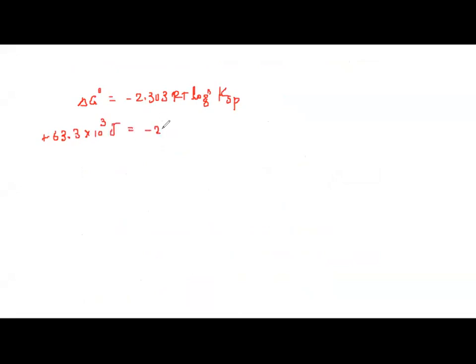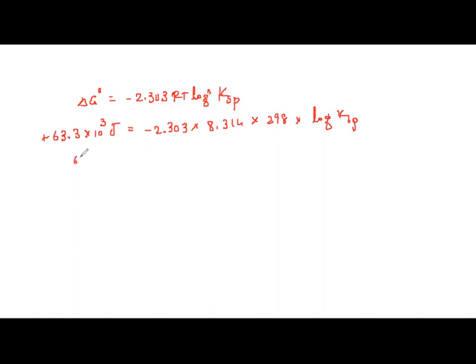Minus 2.303 into R value is 8.314 into temperature, at 25 degrees Celsius, 25 plus 273 is 298, into log of KSP. So log of KSP, I'll keep it as it is.